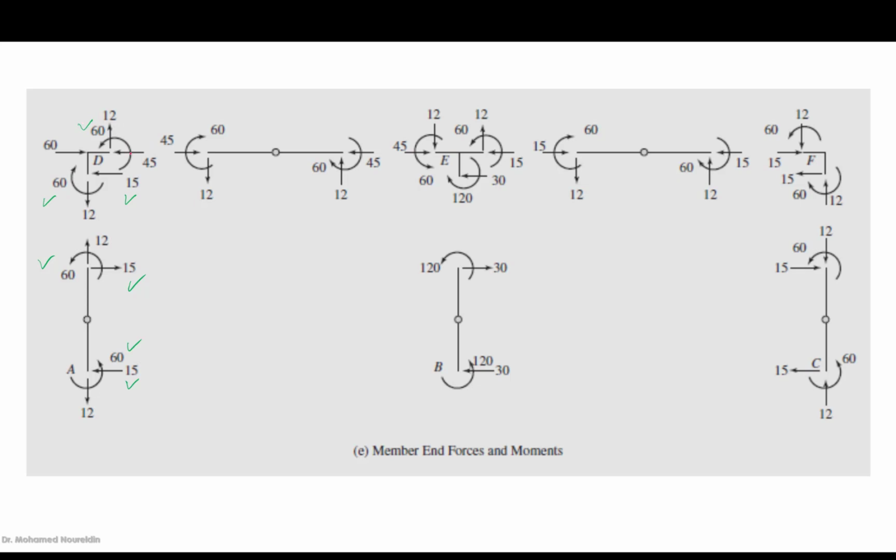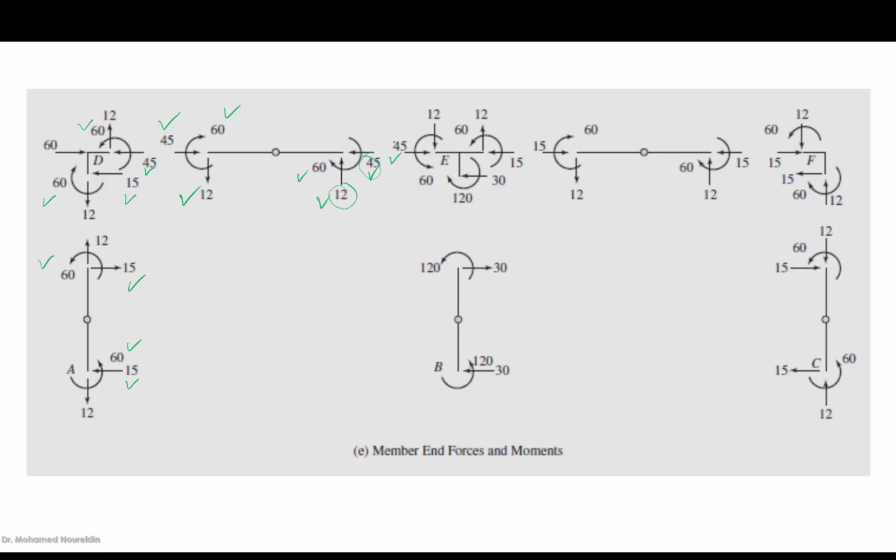And we mentioned the 45, because we have this 15, and this is 60, so we know 45, we know this shear. So now we are going to put this with the opposite sign, which is the axial force here. So we know the 45 here with the opposite direction.